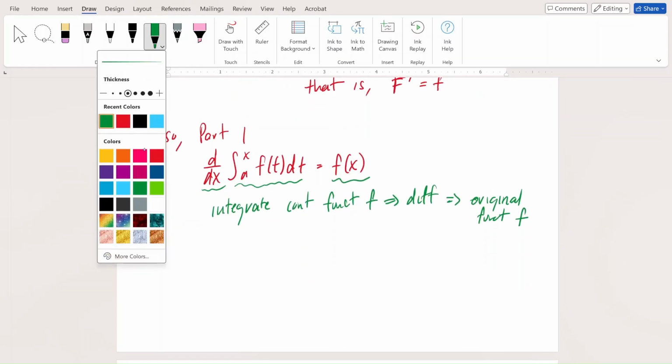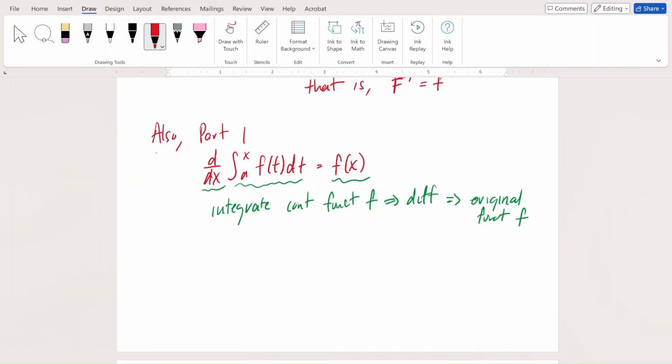Now, also, our very last bit, if I integrate from a to x of F prime of t dt, that's equal to, well, what's the antiderivative of capital F prime? Well, undo that derivative, that would just be regular capital F, evaluated at the upper limit x minus the lower limit a. So what does this one say?